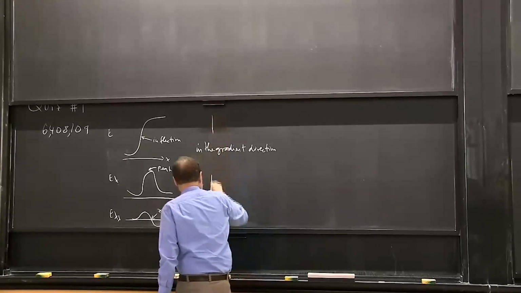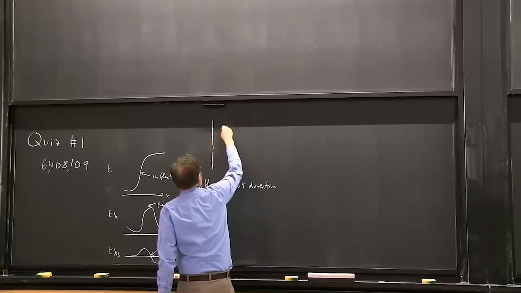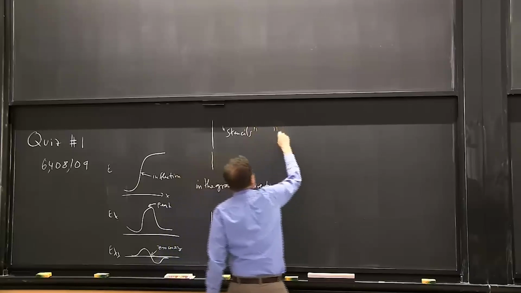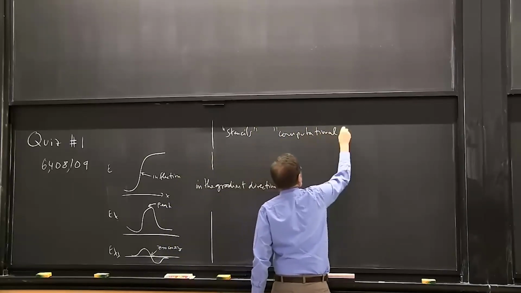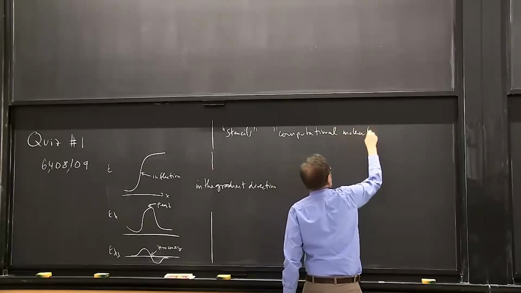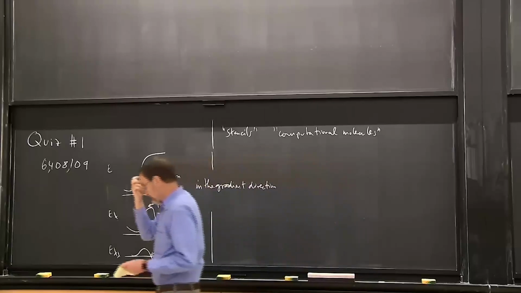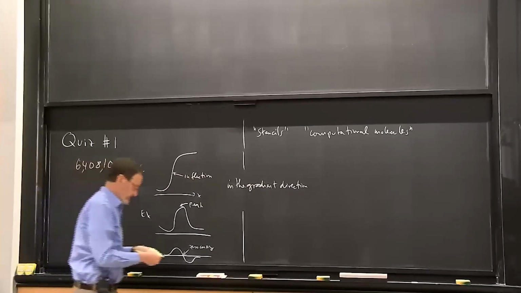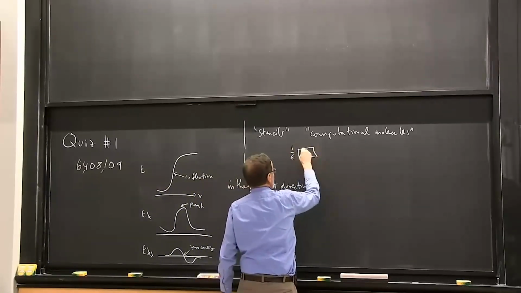OK, then we talked a little bit about things that are sometimes called stencils and sometimes called computational molecules. And what we're trying to do is, in the discrete world, we're trying to estimate derivatives. And so, of course, there's some obvious ones.